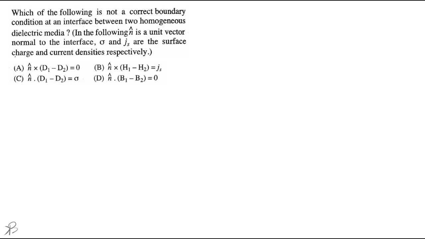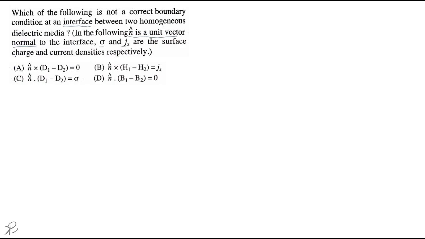Which of the following is not a correct boundary condition at an interface between two homogeneous dielectric media? Here n cap is the unit vector normal to the interface, and sigma and Js are the surface charge and current densities respectively.